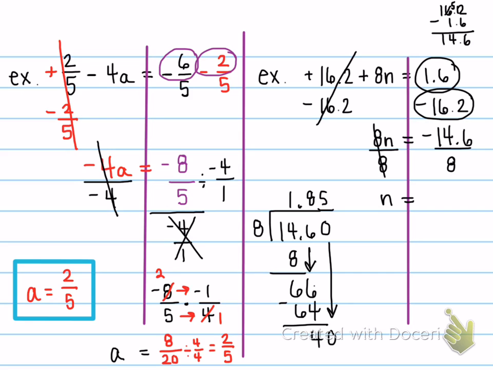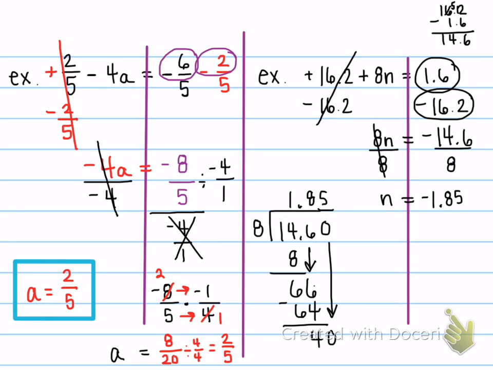That gives me 40. So, I have 1 and 85 hundredths, remembering that my answer is negative because my signs were different. Please make sure to check for that positive or negative to make sure that you have that correct in your final answer with the multiplying and dividing.